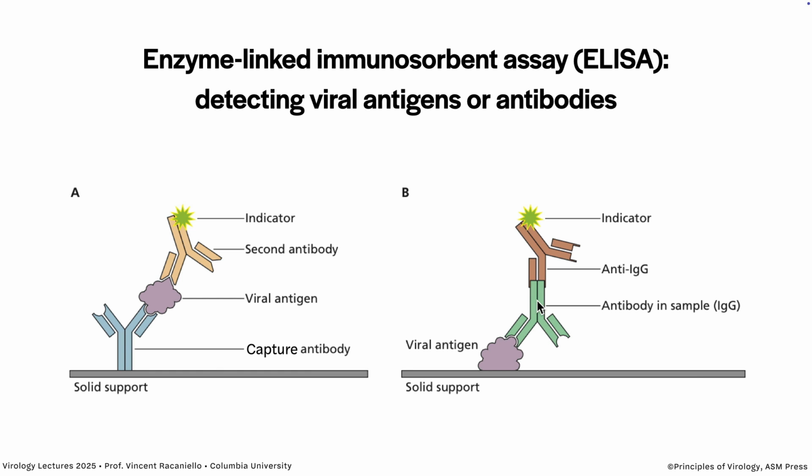If there are antibodies to the virus in the sample, they will stick to the antigen. And then you use a second antibody with an indicator molecule. So these are two different ways of knowing if someone has been infected. On the left, if someone is currently infected or very recently. And on the right, of course, you have antibodies to an infection that persists for a while. So it can tell you have a history of infection with that virus.